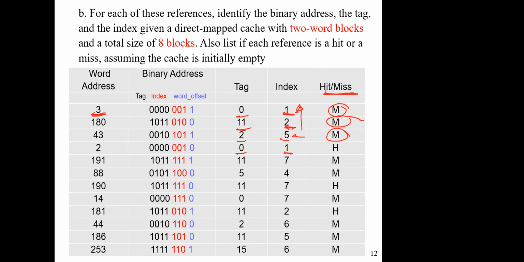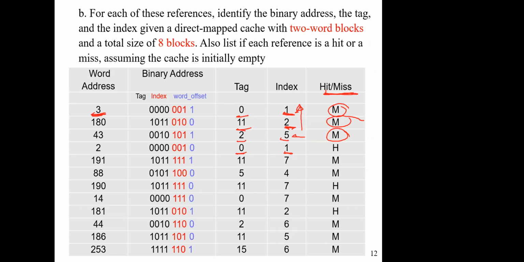Or for instance, if I need memory of 0 and I don't have it, I go and bring memory of 0 from the main memory, and I will bring memory of 1 with me. So the next time I need memory of 1, it's basically a hit. Is that clear?